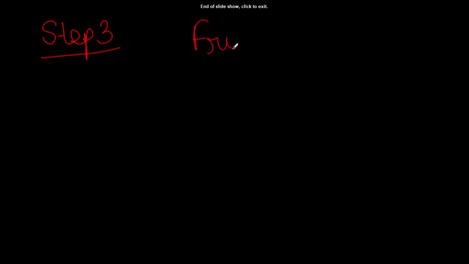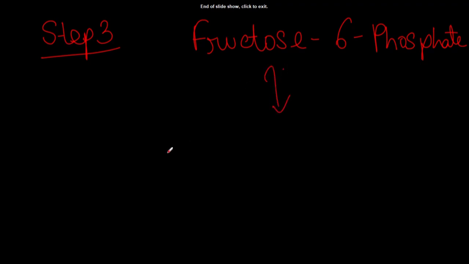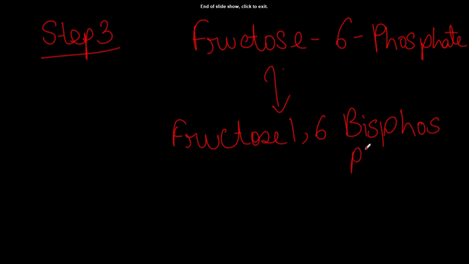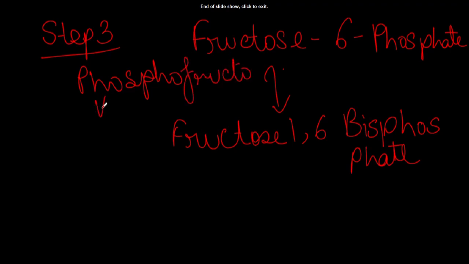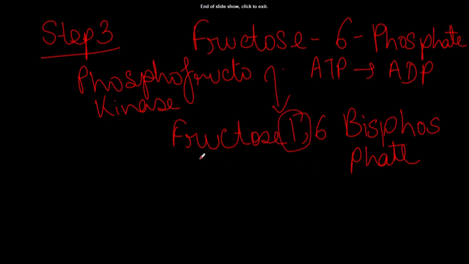In this step, fructose 6-phosphate gets converted into fructose 1,6 bisphosphate by the action of phosphofructokinase, and in this process also ATP gets converted to ADP, which results in the addition of another phosphate group to the fructose 6-phosphate molecule, resulting in the molecule fructose 1,6 bisphosphate.